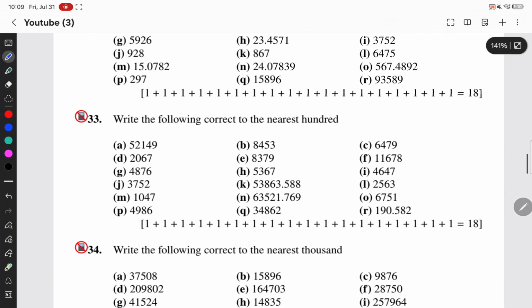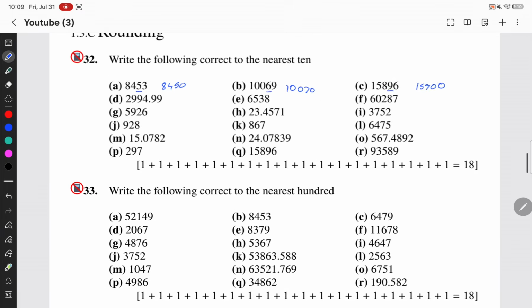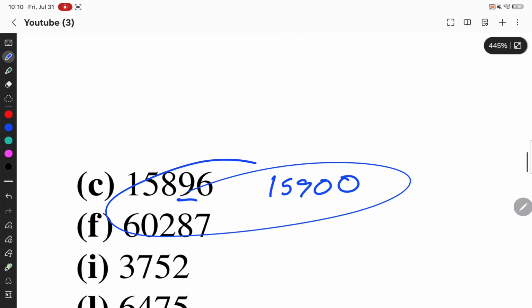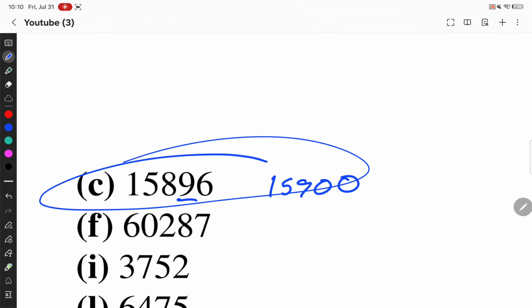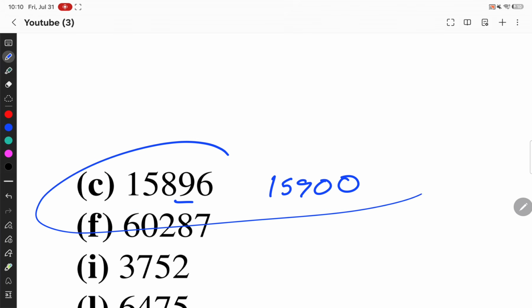Okay. Before that, let's do our thinking. But keep this in mind. I left out in the last video that you cannot be certain for some values whether he rounded it up to this or up to this.